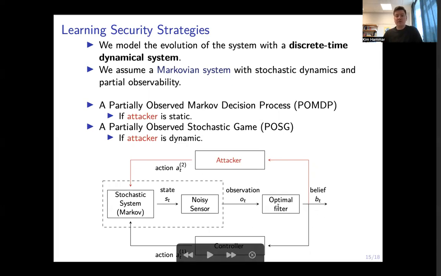Therefore, we process these observations with a filter that gives us a belief state. This is just a probability distribution over the state space and tells us how likely it is that the system is currently in a certain state based on the observations. That belief is then input to the controller, or the defender in this case, that will select the next action. Our goal here is to optimize this controller to select the optimal actions to respond to possible intrusions.